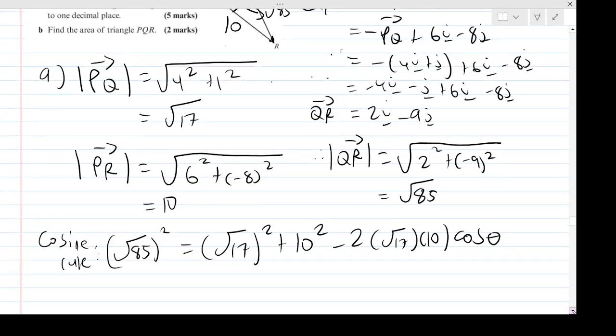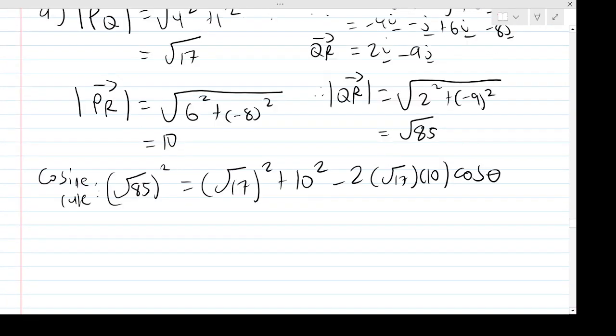Then we just have to simplify everything. Root 85 all squared is just going to be 85, and root 17 squared is just 17, add 10 squared is 100, minus 2 times root 17 times 10, that would be 20 root 17 cos theta.